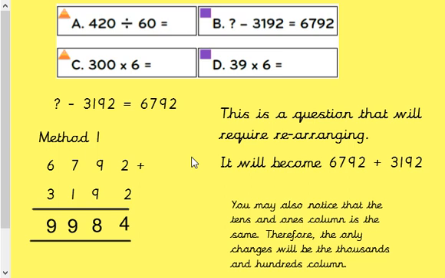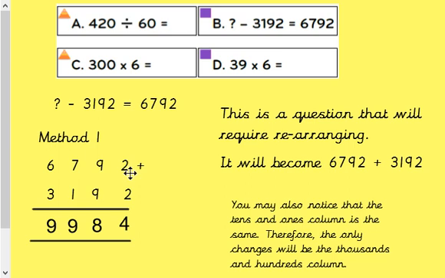It's a takeaway, so we know that the number is going to be bigger than that. And we know that whatever we take away from that number will leave us with 6,792. So what I'd be thinking about doing is adding these two numbers together, not digits. And if I line them up in columns here, then we are away.